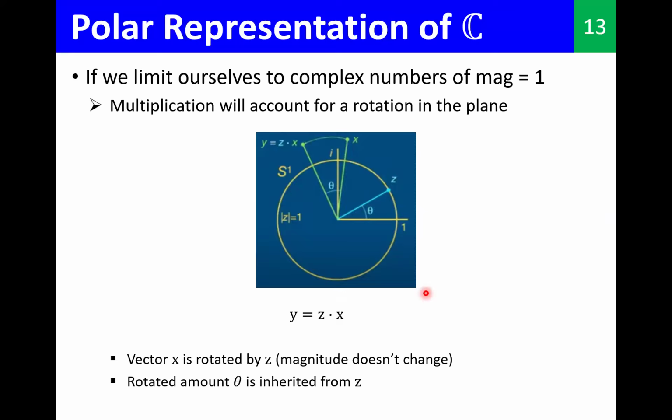So if you have complex numbers of unit magnitude and if you apply it on a vector like this, you can basically achieve rotation in the plane.